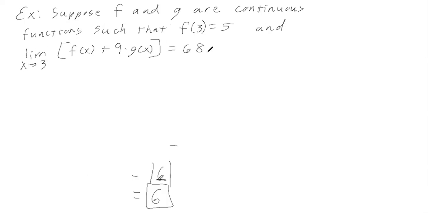Then it says find g of 3, find g evaluated at 3, and the limit as x approaches 3 of g of x.